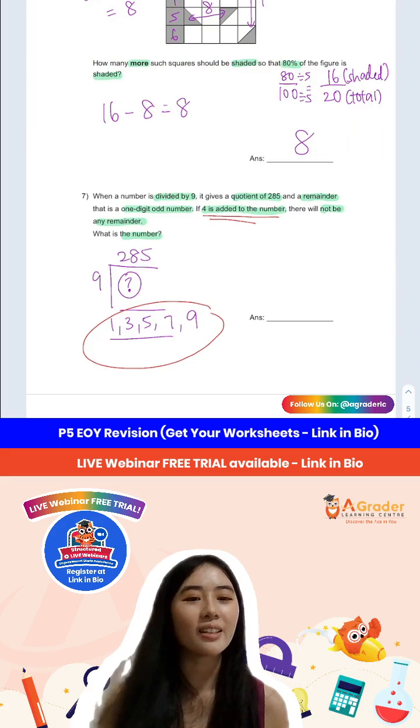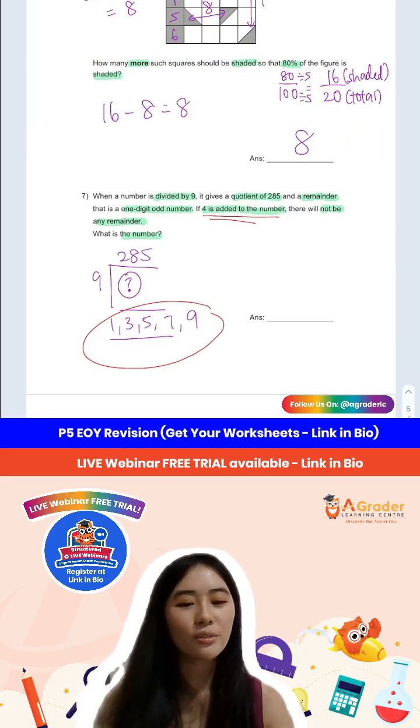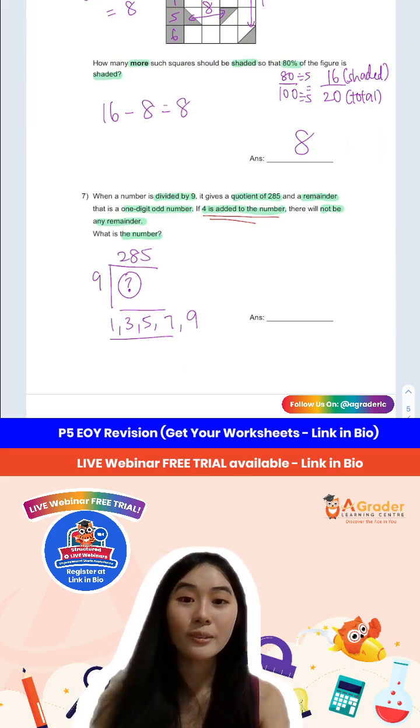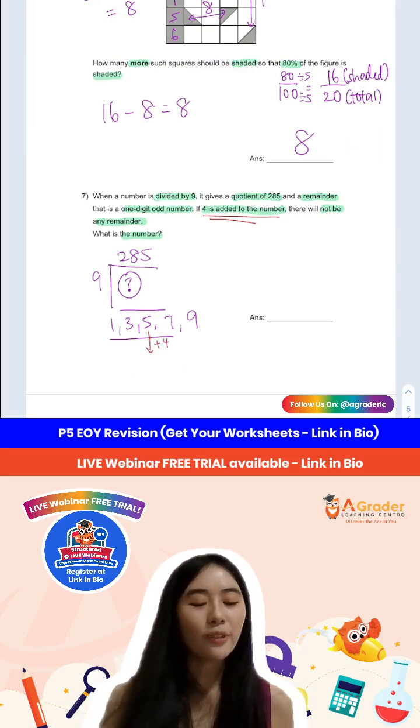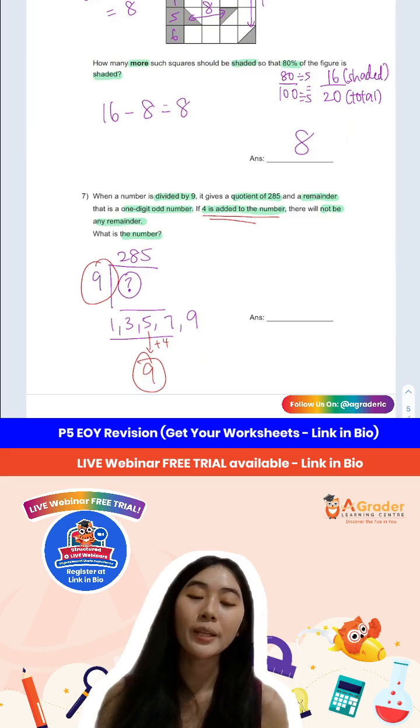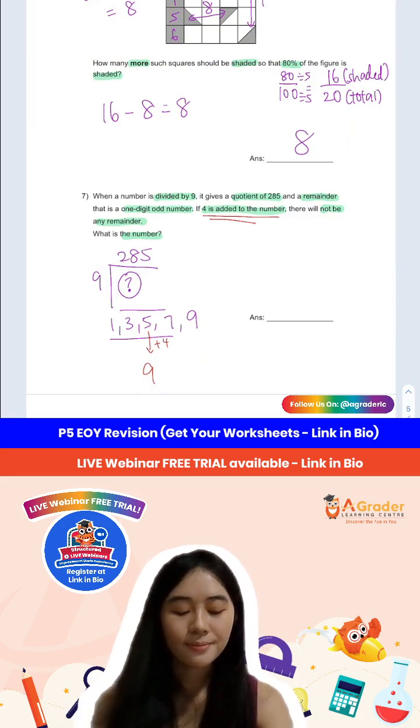Yes, Li Yang, correct. Okay, WL says 5. The rest of you, do you agree it's 5? If you take 5, then you plus 4, then you get 9, right? So if it is 9, there will not be a remainder. So yes, the correct digit is digit 5.